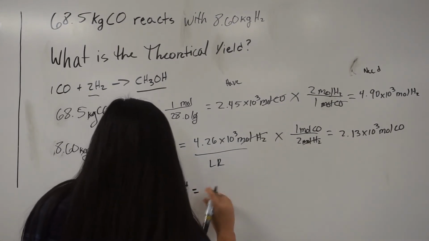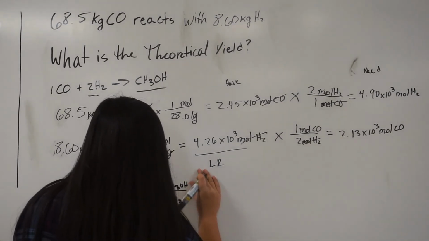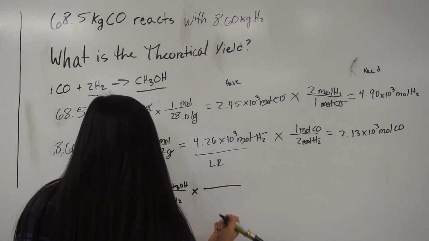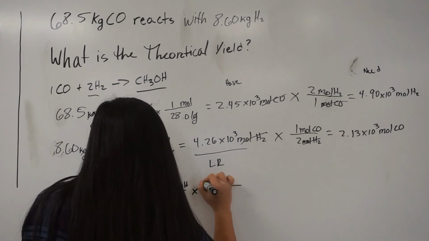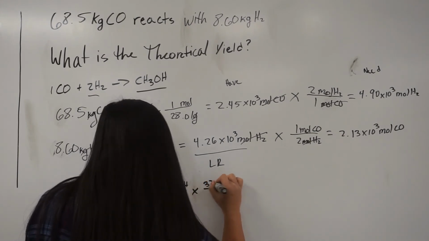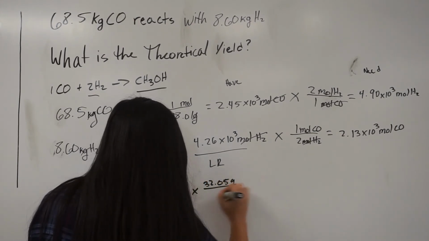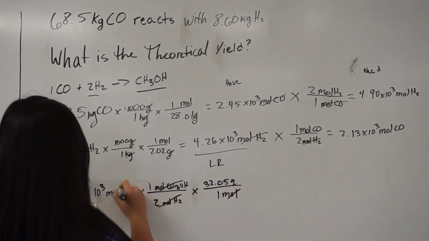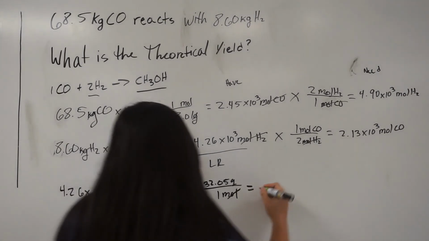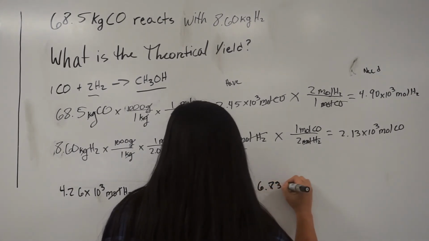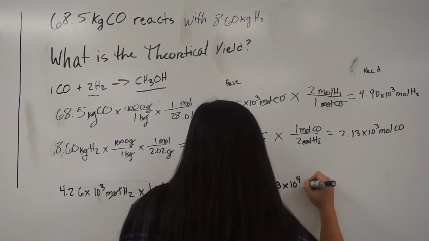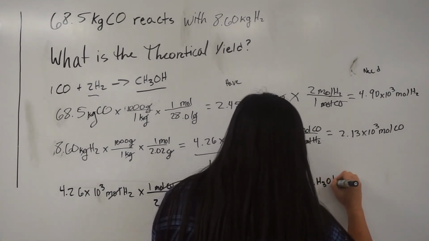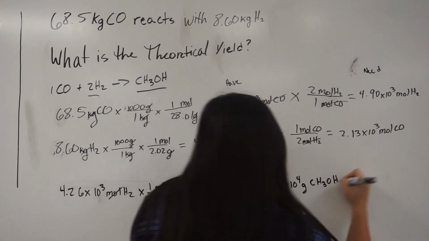This is then multiplied again by the molar mass, so that we can change it back to grams, which is 32.05 grams equal 1 mole, so that the moles cancel out. You're left with 6.83 times 10 raised to the 4th grams of CH3OH. That is going to be your theoretical yield.